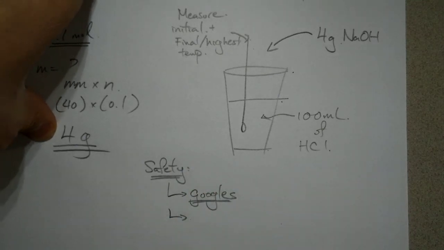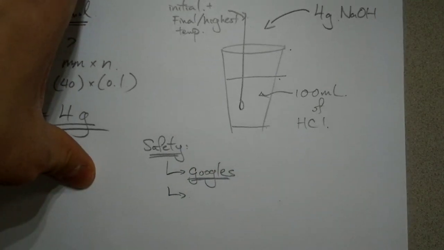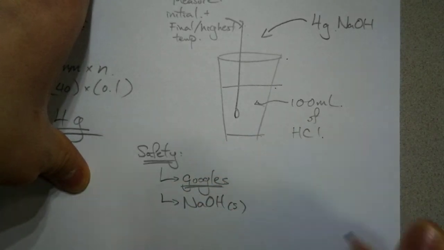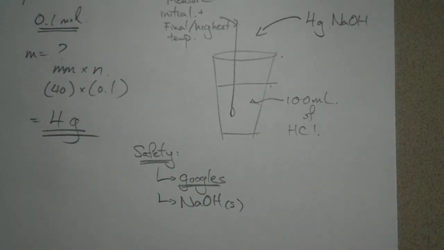Now, one thing I want you guys to be very careful about is this. We are dealing with NaOH as a solid. Industrially, this NaOH, sodium hydroxide, is also known as lye, L-Y-E.